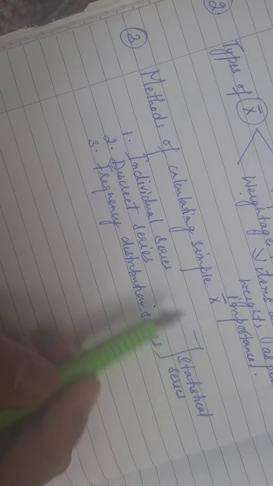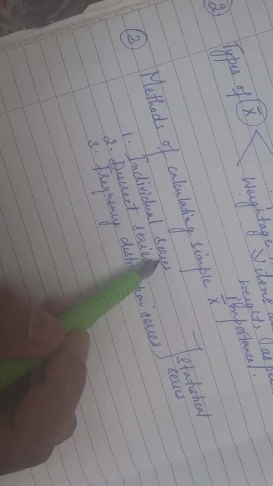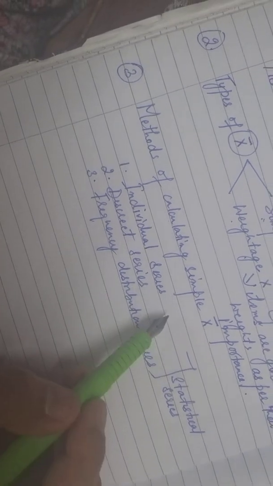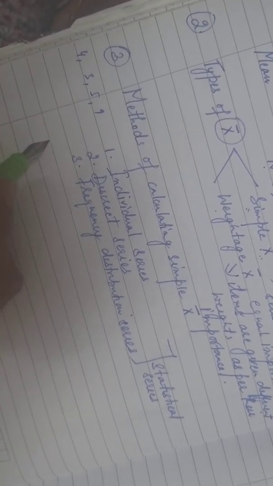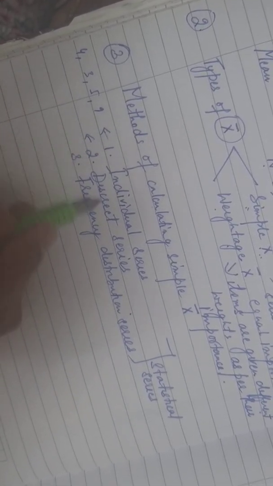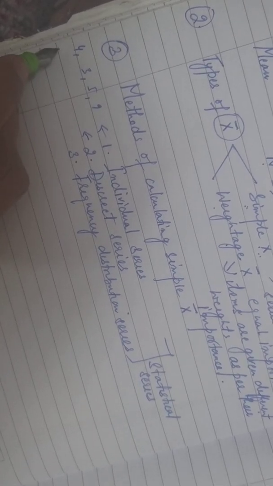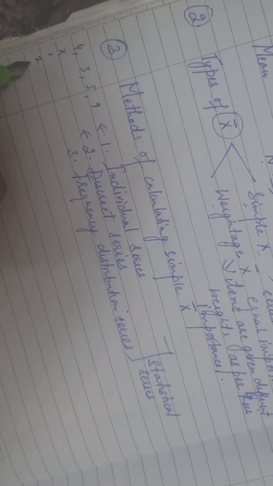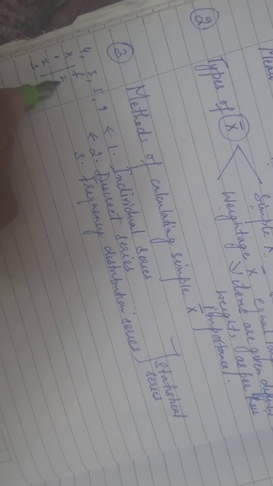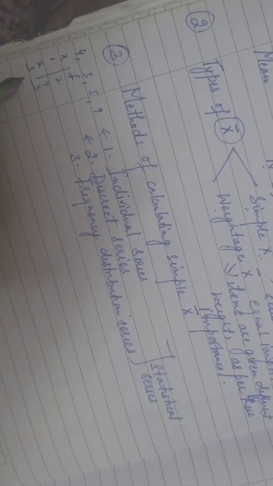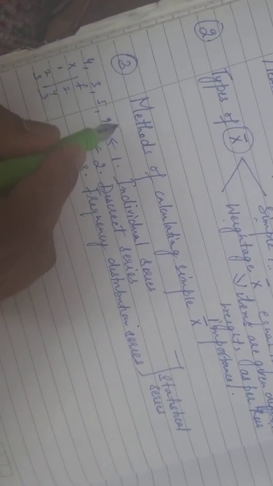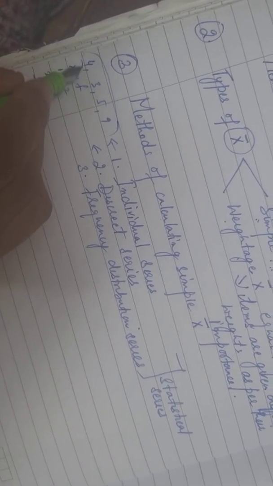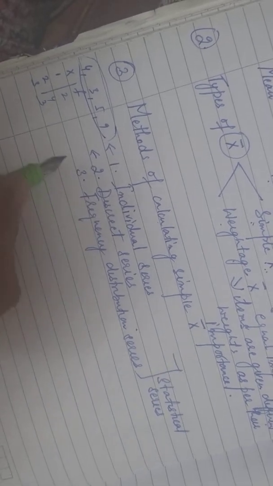So a brief recapitulation of how these series look. Individual series is just like this: 4, 5, 9, like this. This is called individual series. In discrete series, we have frequency, like this: 1, 2, 3, and we have frequency 2, 4, 3. Then we have frequency distribution series.